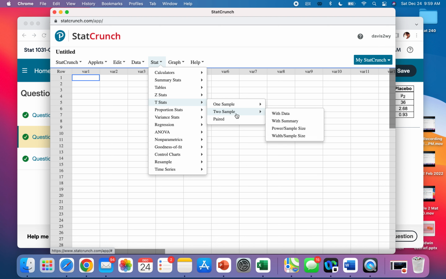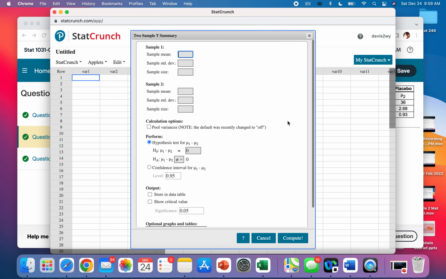We have 2 separate groups with summary because we were given the mean and standard deviation. Sample mean is X bar, sample standard deviation is S, and sample size is the N value.